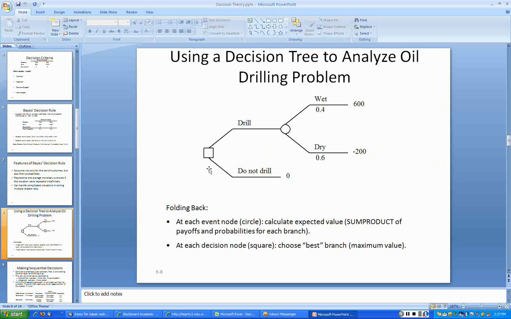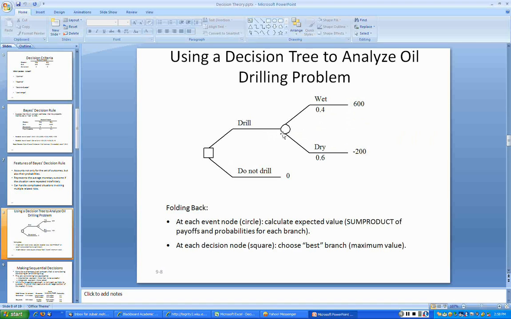The construction of the decision tree starts from left and proceeds towards right. When we begin to solve the problem, we proceed from right to left. So we go to the farthest right and take the products of the probabilities and associated payoff for the states of nature, then sum them up and list it by the side of the node.